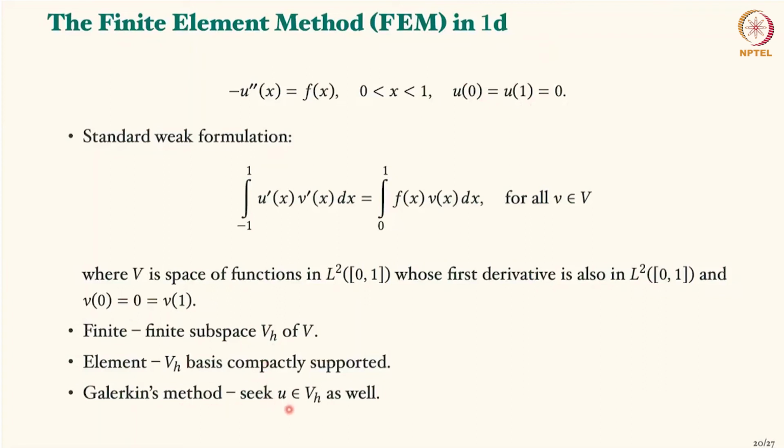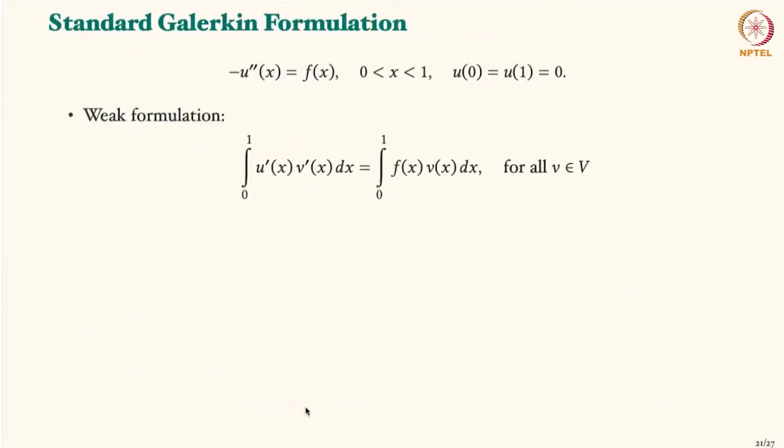Galerkin's method simply says that I have to find my U also in this subspace. This is what I meant when I said you approximate the solution space in the finite element method. So I'm not seeking U anymore in this L2 intersection C2, which was discussed earlier, but instead I'm going to seek it in this finite dimensional subspace.